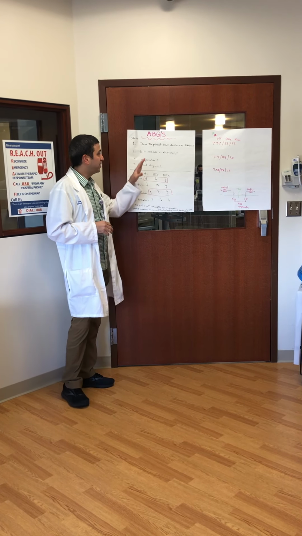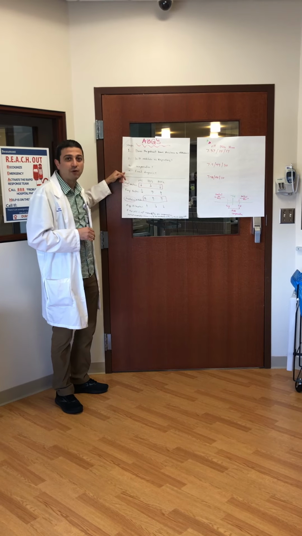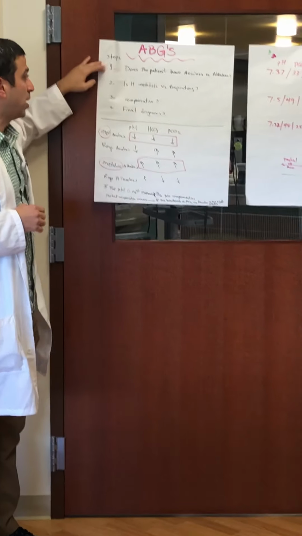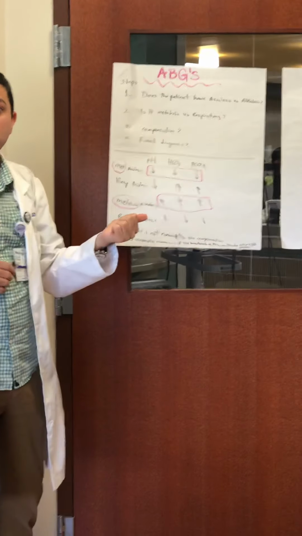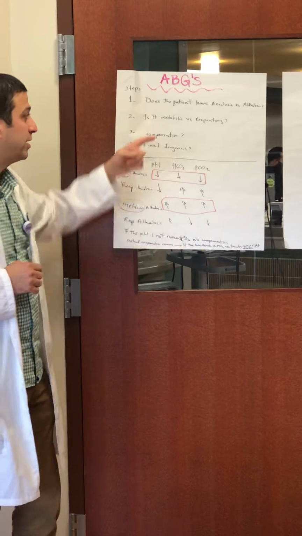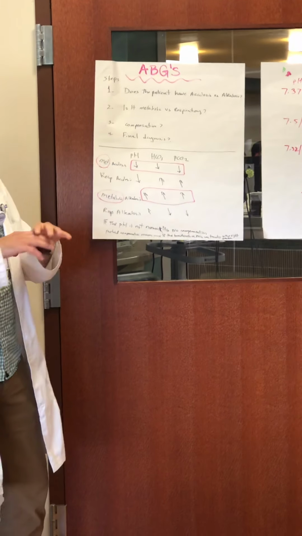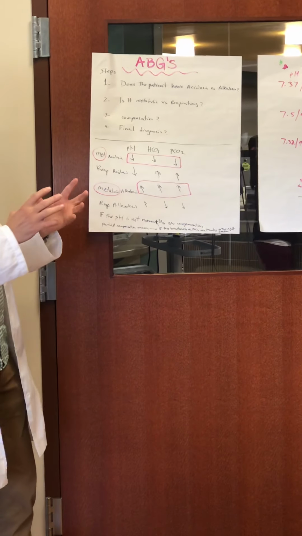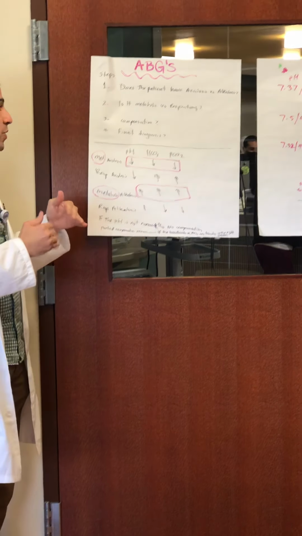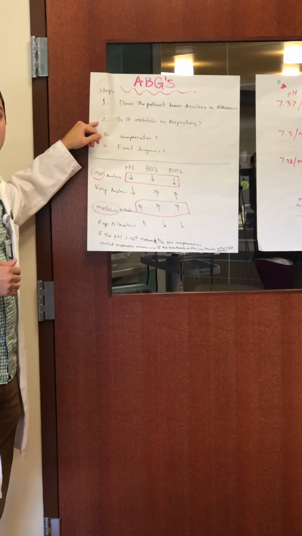So the trick about arterial blood gases, like I said, is to go through these 4 steps every time. Step number 1, you have to ask yourself, does the patient have acidosis or alkalosis? The way to determine that is to look at the pH. Your next step is always to ask, is that metabolic or respiratory?